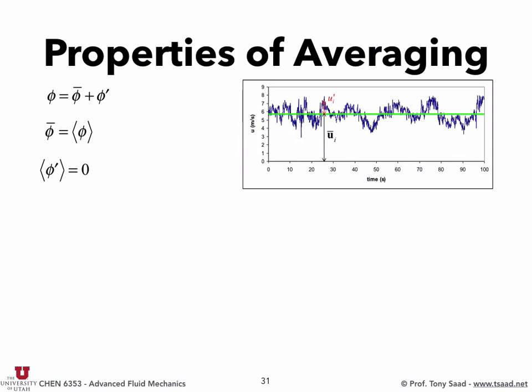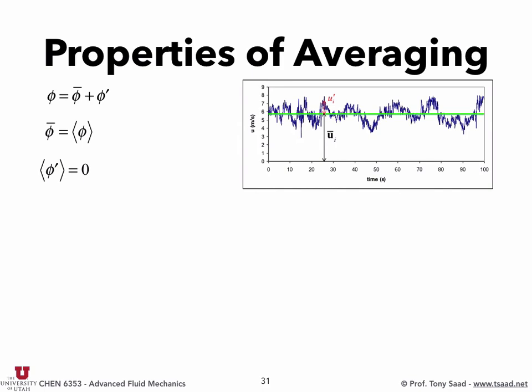We said any property phi, instantaneous property, that is turbulent, is equal to an average value, phi bar, plus a fluctuating value, phi prime. We want to define the average in a way such that if we take the average of this equation, we get this guy, right? So therefore, the average of phi prime needs to be 0, okay?